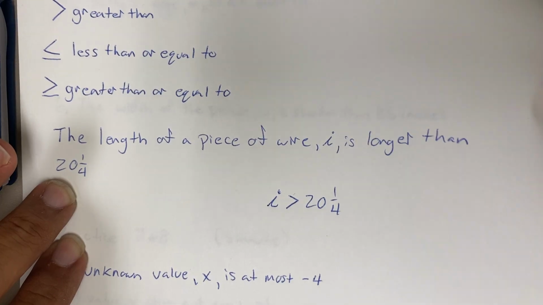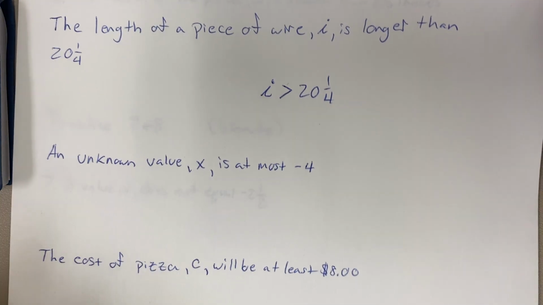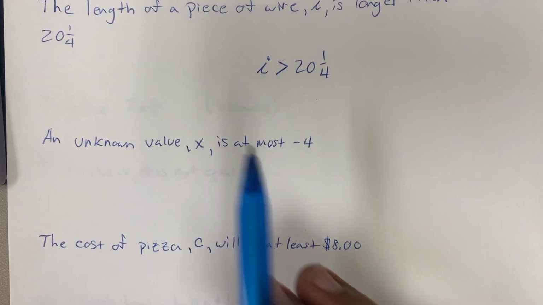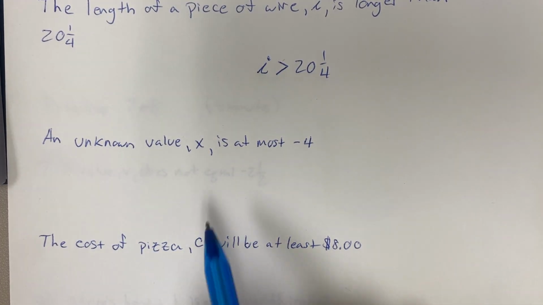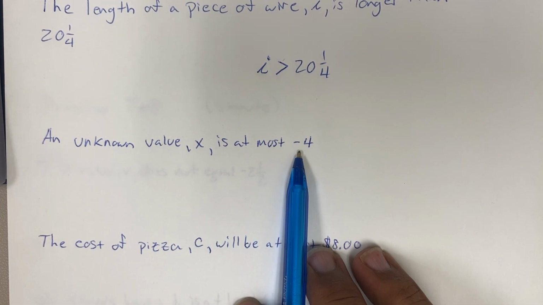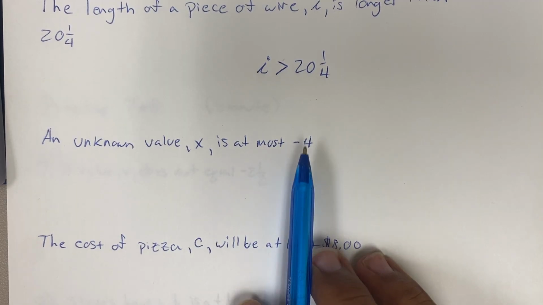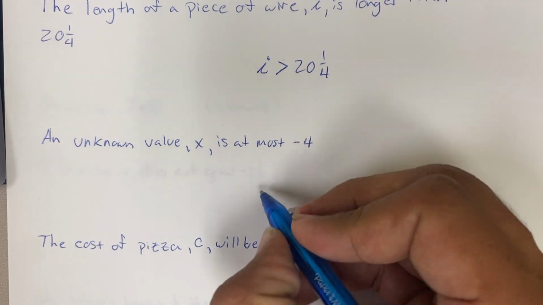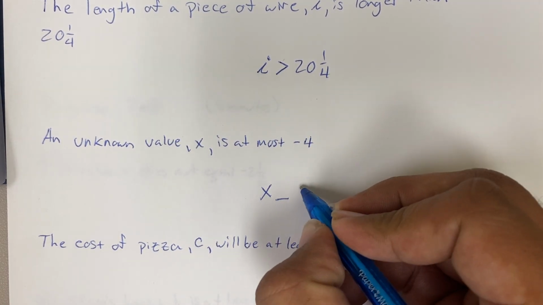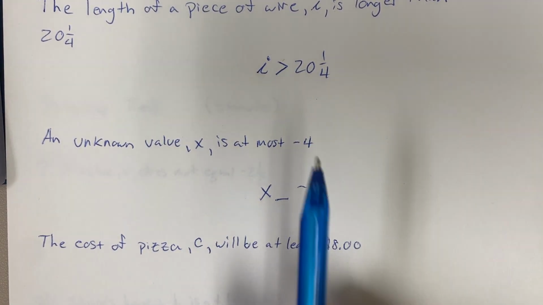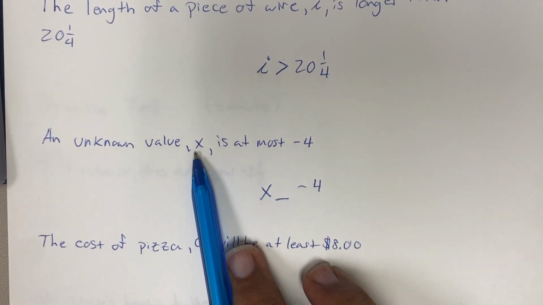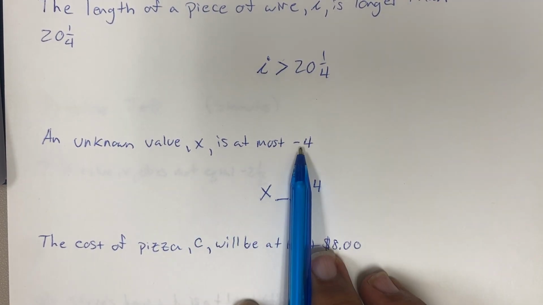We're turning phrases into inequalities. So now let's see here. An unknown value x, so x is our variable, is at most -4. So -4 is the biggest number it can possibly be, which means it can equal it. Now, if this is the most, then all of these possibilities are less than -4.